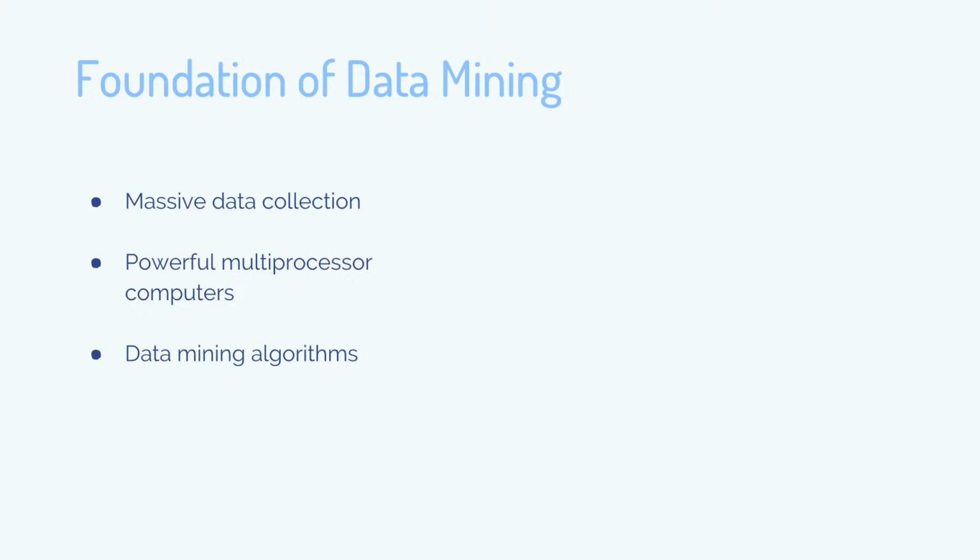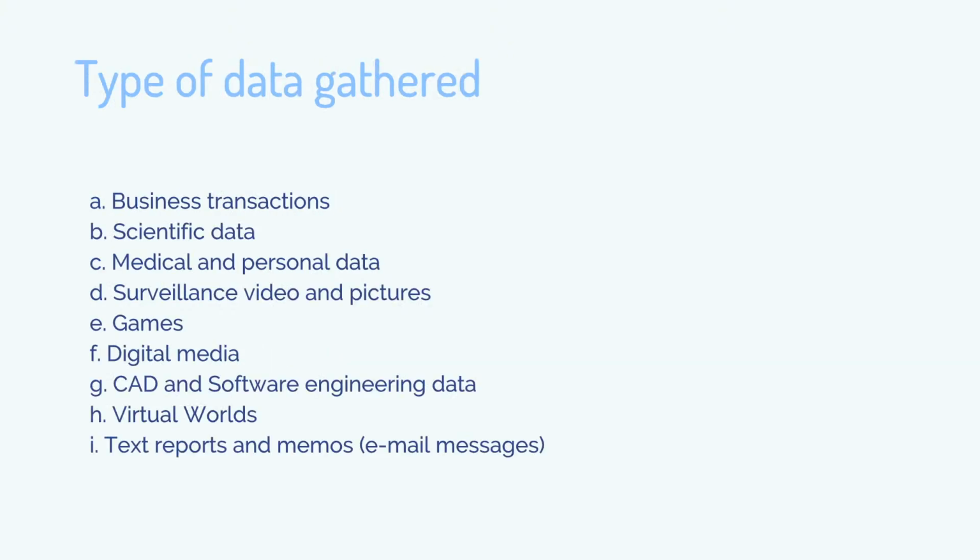Within that huge amount of data we need to manipulate, store or delete some data, which is not possible on a normal computer. We need supercomputers and multiprocessors. And then we need some data mining algorithms to achieve our targets. That is the foundation.